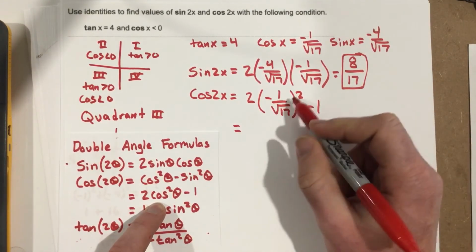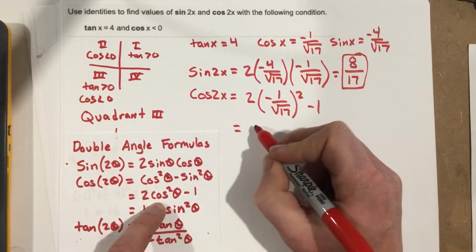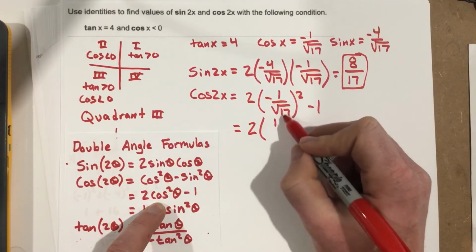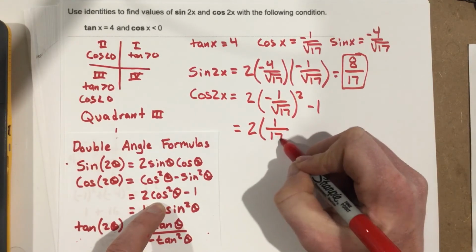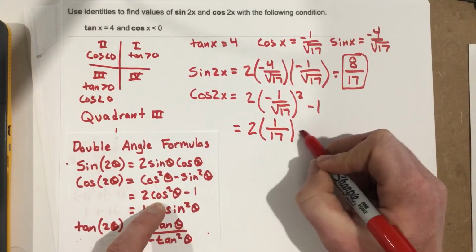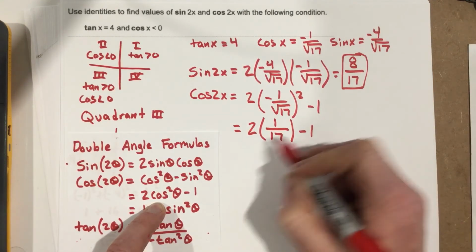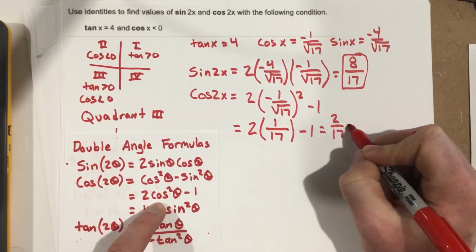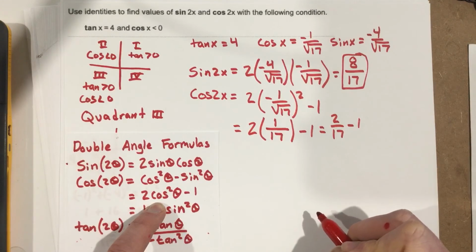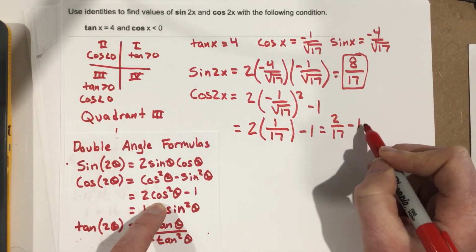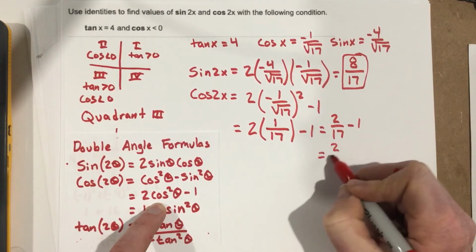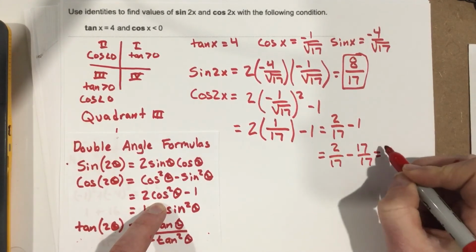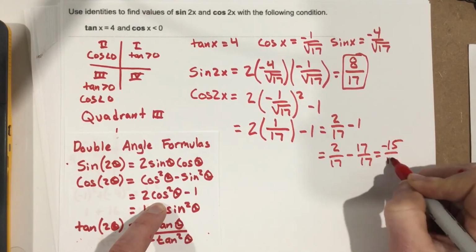When I square the inside here, I get 2 times, that negative 1 squared is 1, and root 17 squared just cancels the root, so that's 17, minus 1. So we end up with 2 over 17 minus 1, which if we make this into a common denominator, we end up with 2 over 17 minus 17 over 17, which is negative 15 over 17.